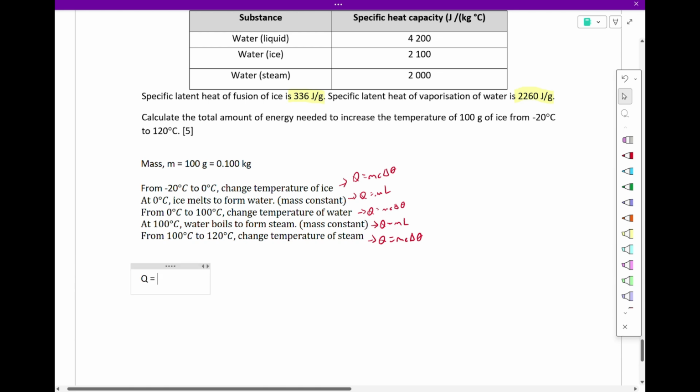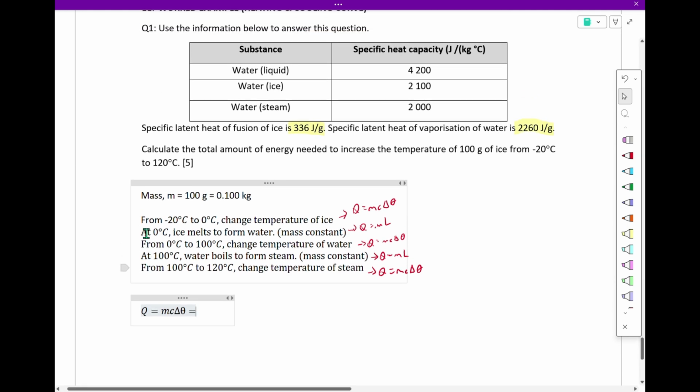So first thing, when you change from ice, you are just changing temperature. The formula is this, and because we're changing the temperature only, we are using specific heat capacity. So c of ice is 2100, right? And the mass is 0.1.